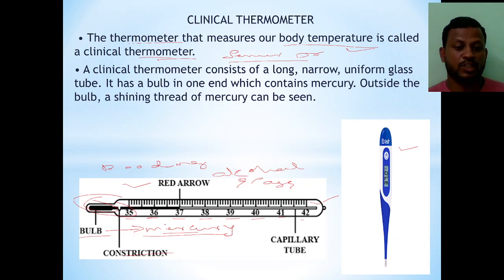Because of the sensitivity of mercury towards heat, we use mercury in the thermometer to measure the hotness of the body. When the doctor places the thermometer under the tongue or under the arm, because of the body heat, the mercury starts to rise in the capillary tube.